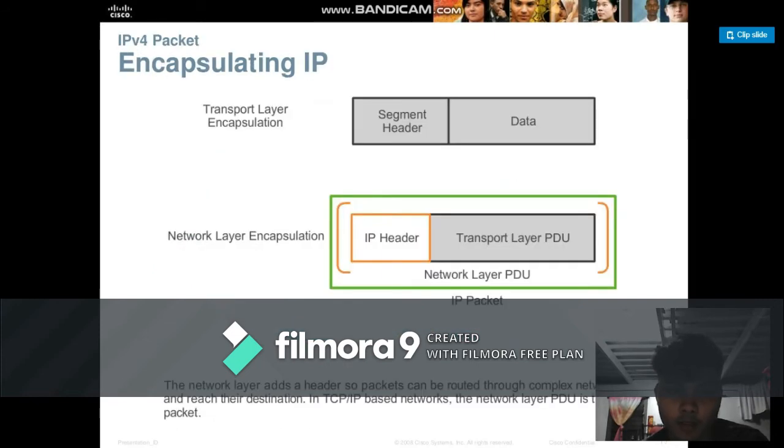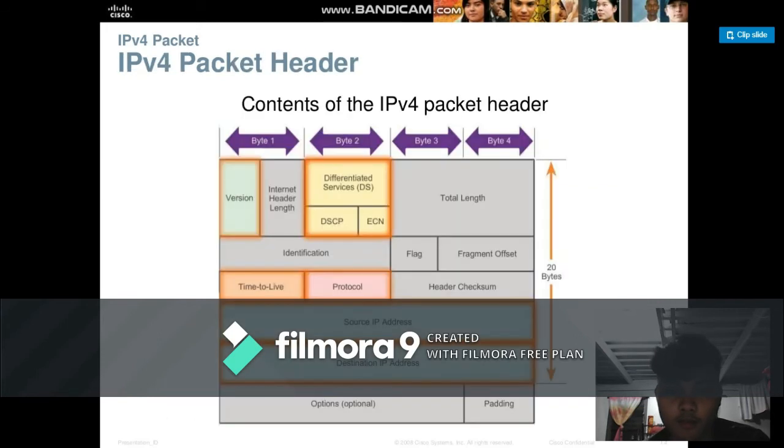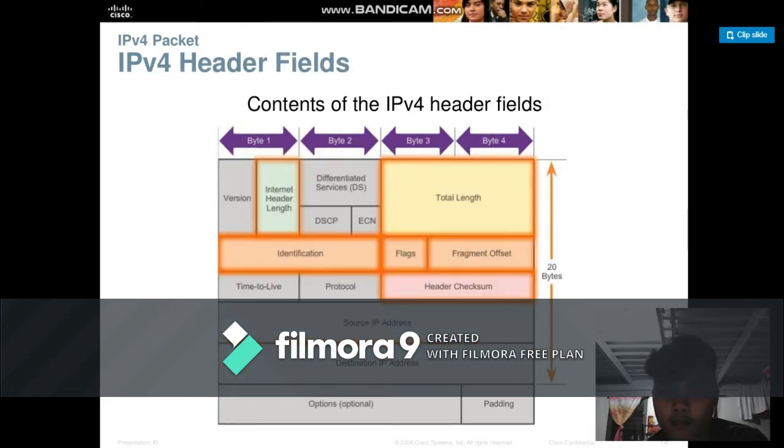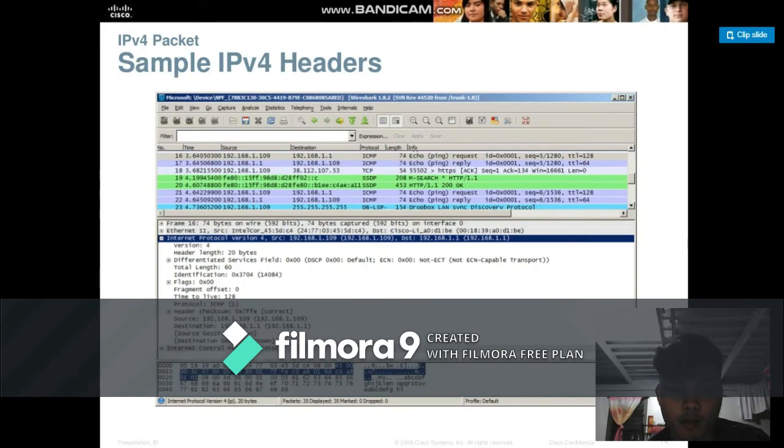Encapsulating IP: transport layer encapsulation and network layer encapsulation. Here is the IPv4 packet header, the contents of the IPv4 packet header and the IP header fields. So, sample IP headers.